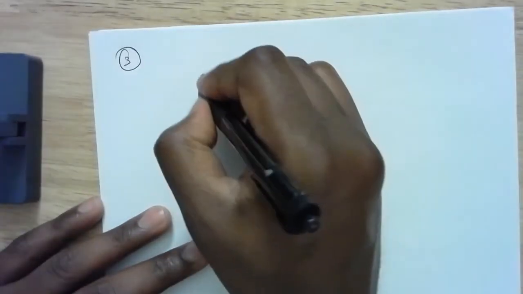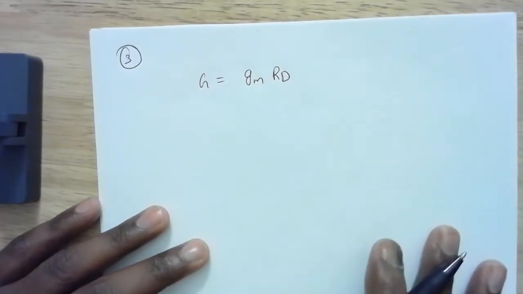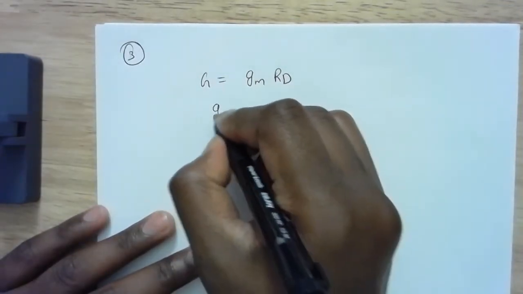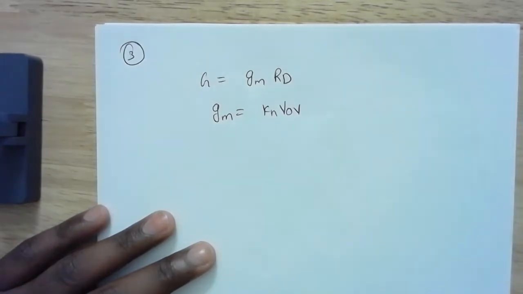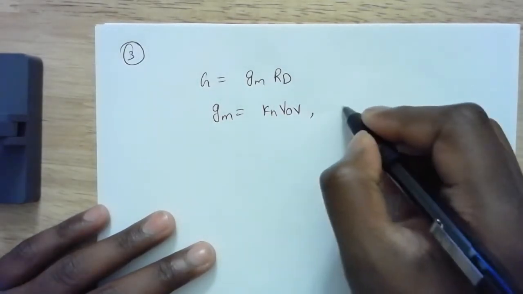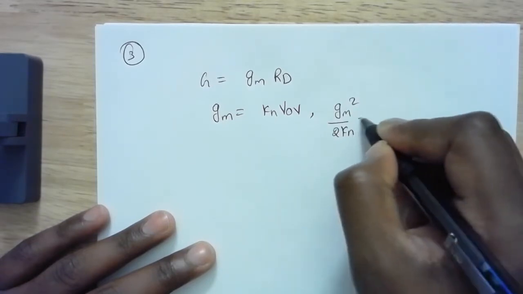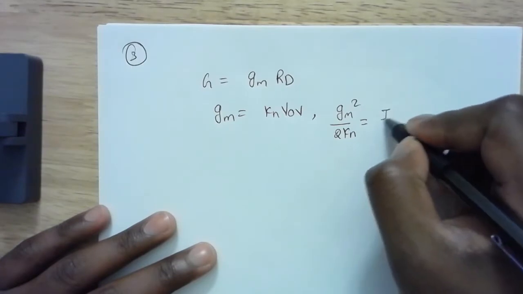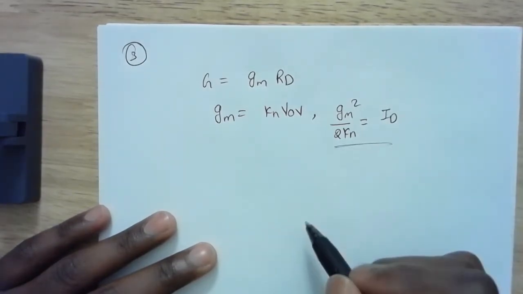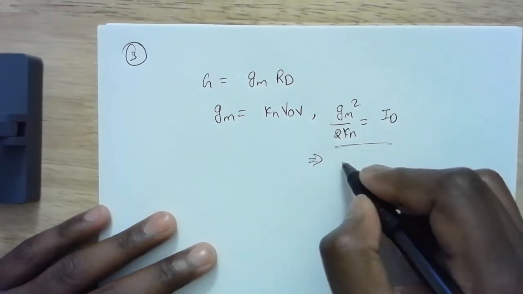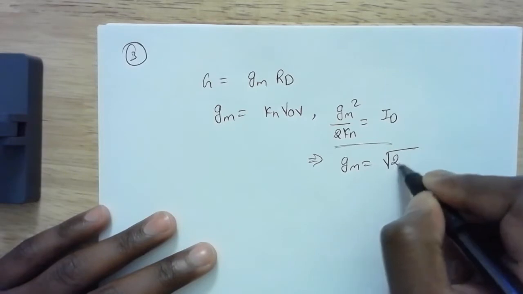So now I know my gain is equal to GM RD. And GM is equal to KN VOV. So that means GM squared over 2KN is equal to ID. I want you to pause the video here and make sure that this is actually true. So in saturation, GM is equal to square root 2KN ID.